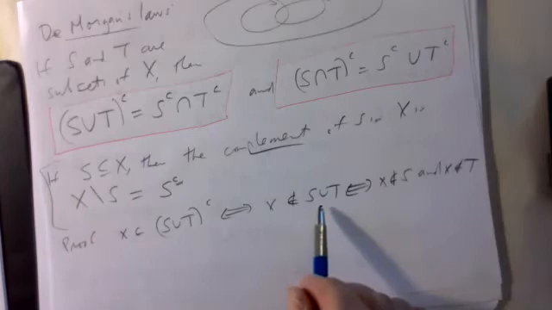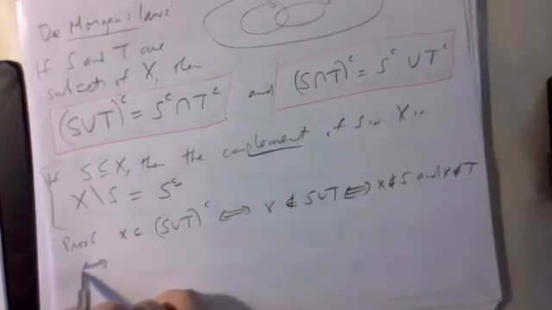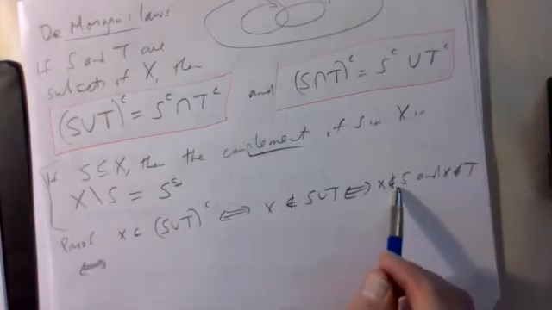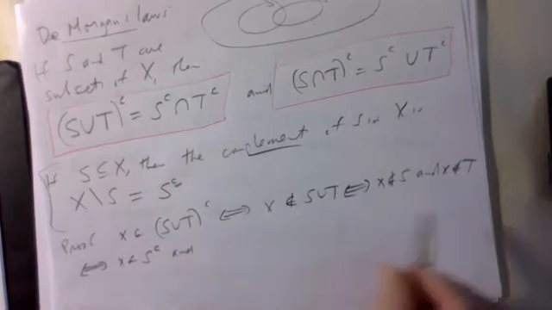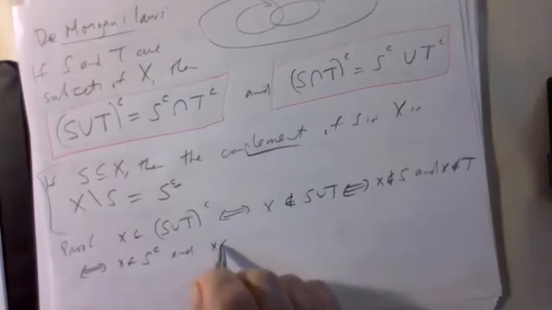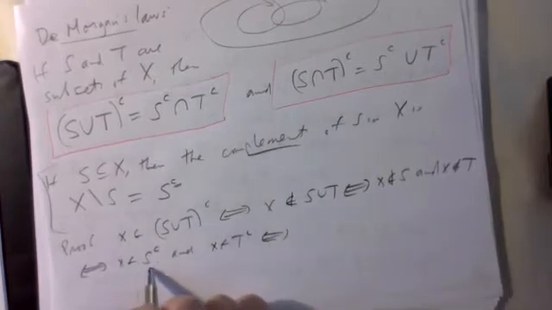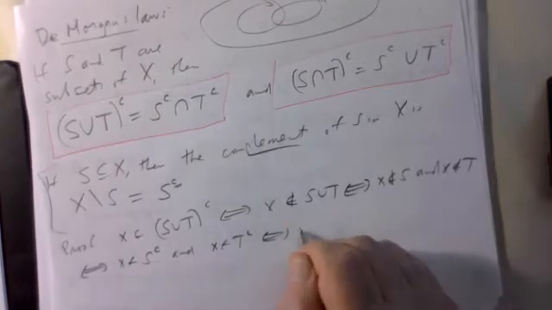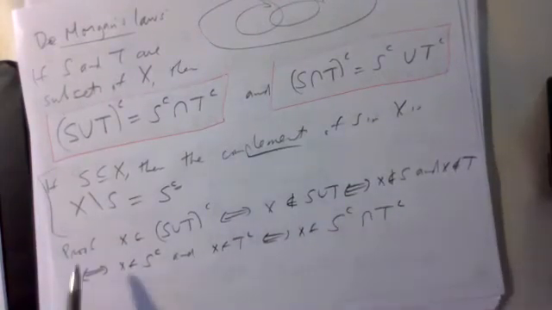Something fails to be in the union of two sets if it's missing from both of them. And this is the same as X not in S means X is in S complement. And X not in T means X is in T complement. So X is in this set and this set if and only if X is in the intersection of the two sets.